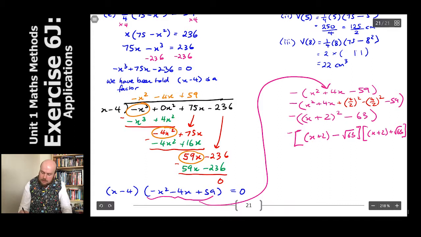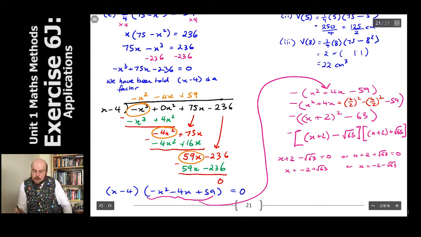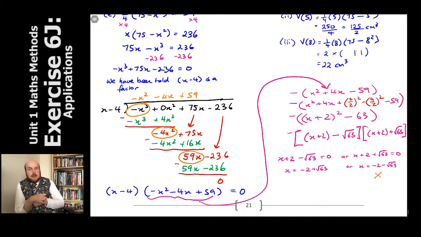So it's either x plus 2 minus square root of 63 equals 0, or x plus 2 plus square root of 63 equals 0. x will equal negative 2 plus square root of 63, or x is equal to negative 2 minus square root of 63. I've just minused them on both sides. I've got to say though, that won't be a thing. Why is that?